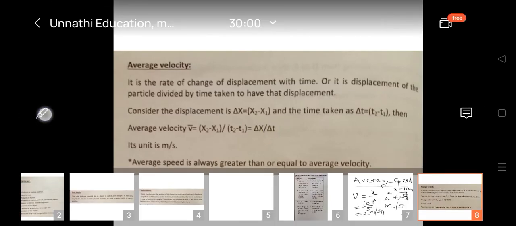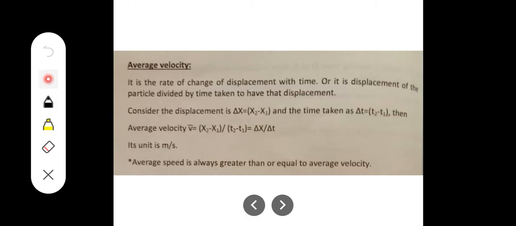Average velocity. You can see the definition here. It is the rate of change of displacement with time. As you studied in the last video, average speed is the rate of change of distance or path length with time, but average velocity is the rate of change of displacement with time, right?